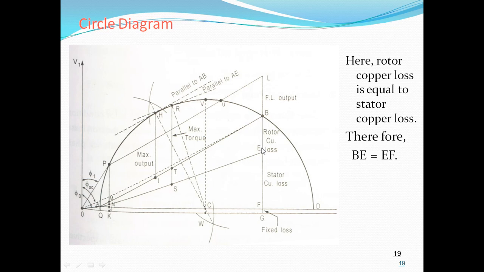Here BG is the rotor copper losses and GF the stator copper losses. This is the output line AB, torque line AE, and this is the measured torque and measured output. Here E is shown in the middle of BF, so that both are equal.